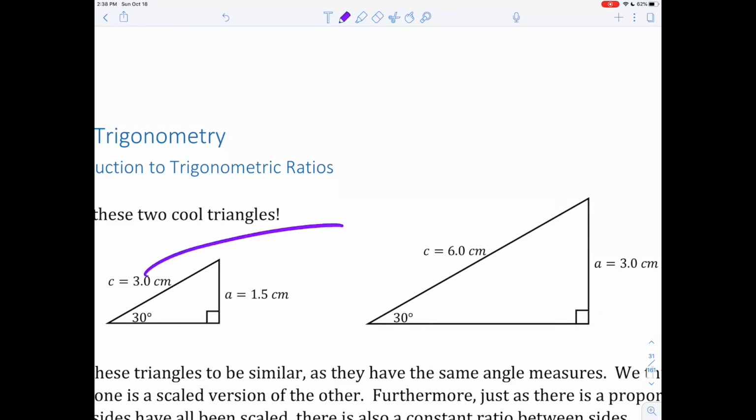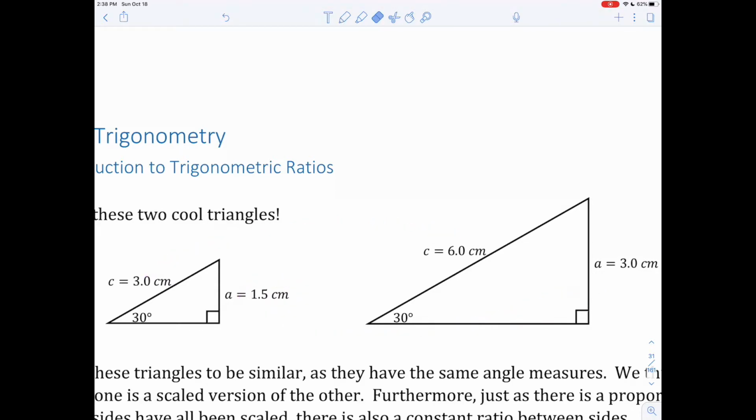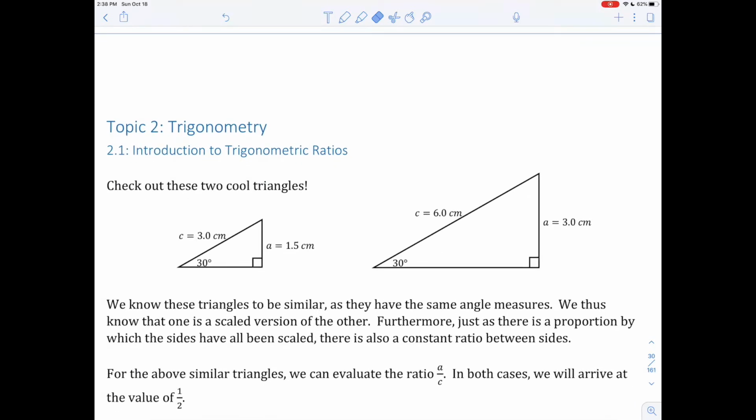If we take this and multiply by 2, we're here. If we take this and multiply by 2, we're over there. So one is a scaled version of the other. What's really cool about similar triangles is that because of that constant proportionality, there's always a constant ratio between sides.